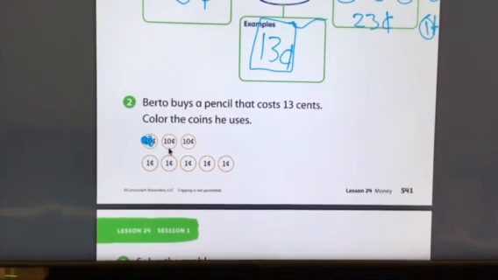Now if I color in another dime, I'm going to be at 20 cents. 20 cents is too much. Don't color in 2 dimes. 10, 11, 12, 13. 13 cents. 1 dime and 3 pennies will give you 13 cents.